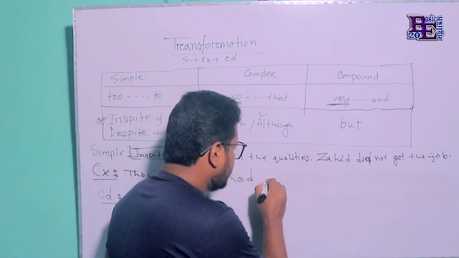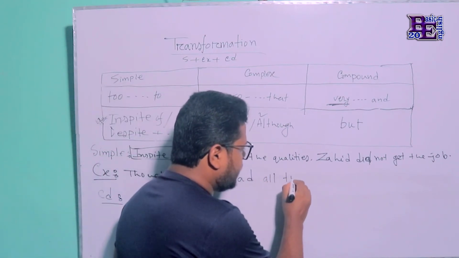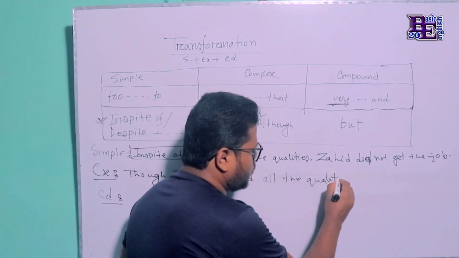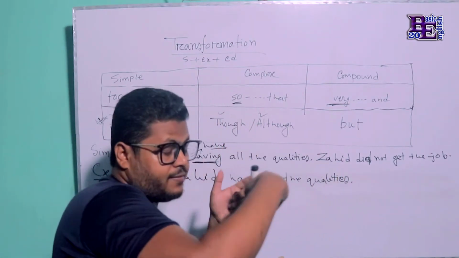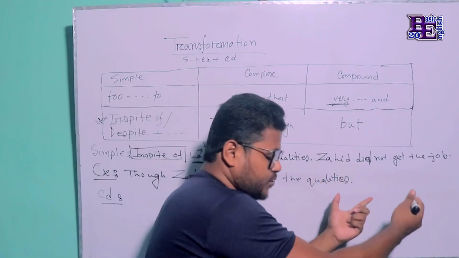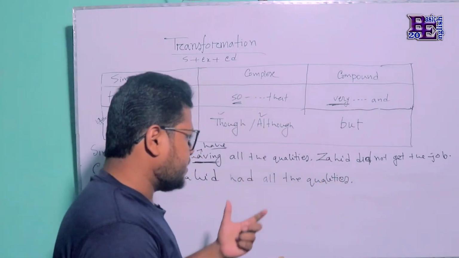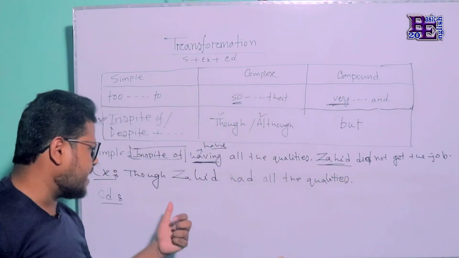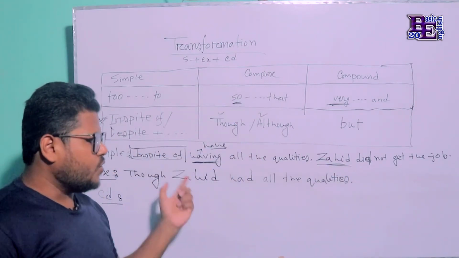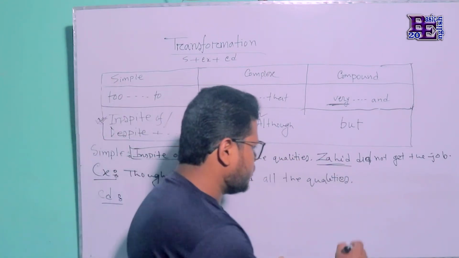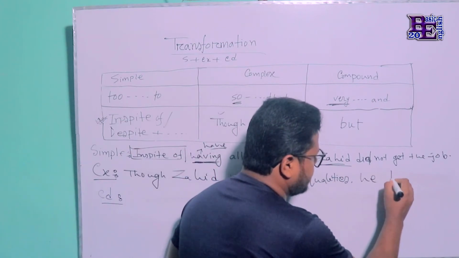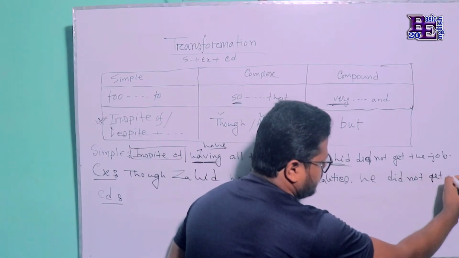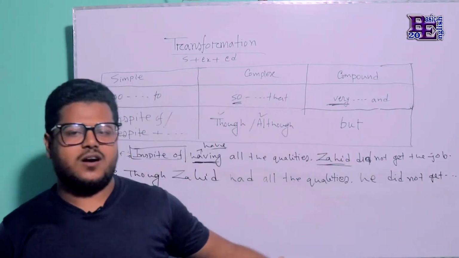That is, all the qualities, and the rest of the principal clause will not be changed. As I have already used Zahid in the first clause, we have to use the pronoun of Zahid. The pronoun of Zahid is he. He did not get, the rest of the parts should be used.